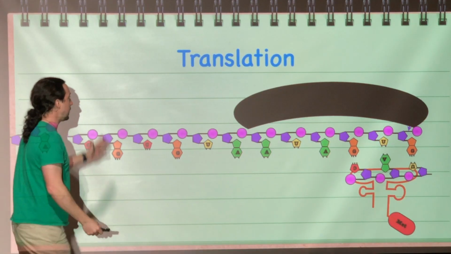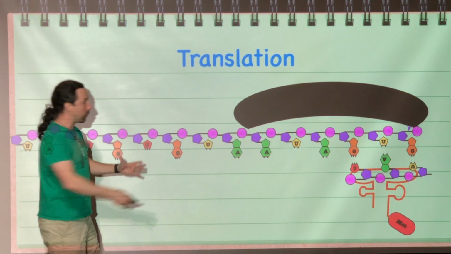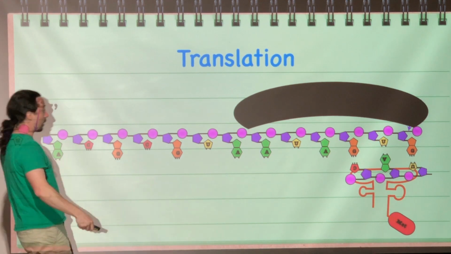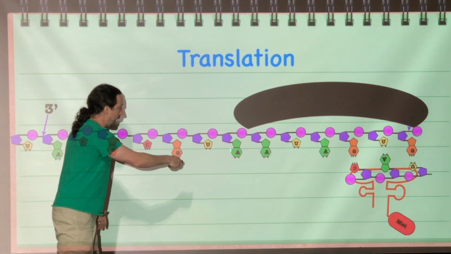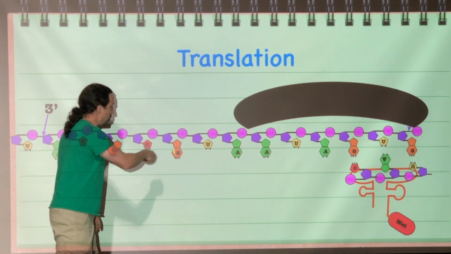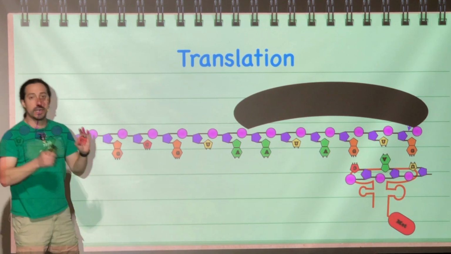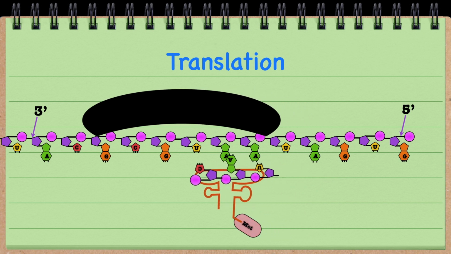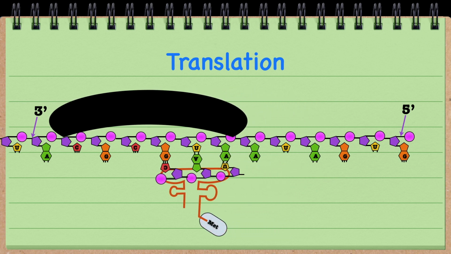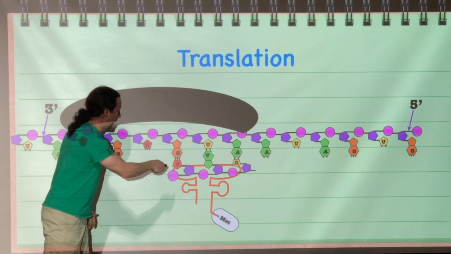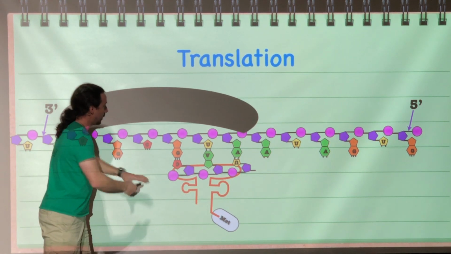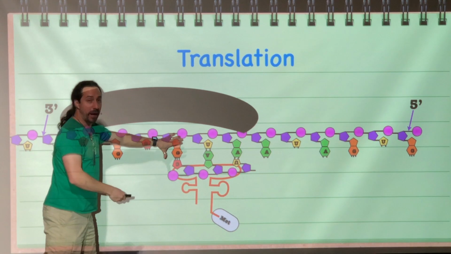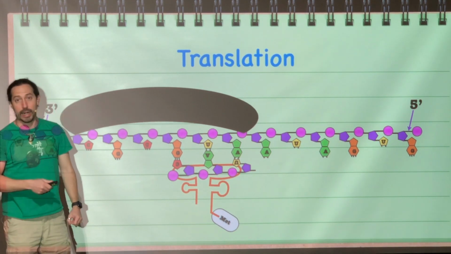So when we look at this, going from the 5' side to the 3' side, we find AUG. That is where our start will be. So when they come in contact with that appropriate codon, and you can see the anticodon, UAC, is able to base pair with our mRNA.